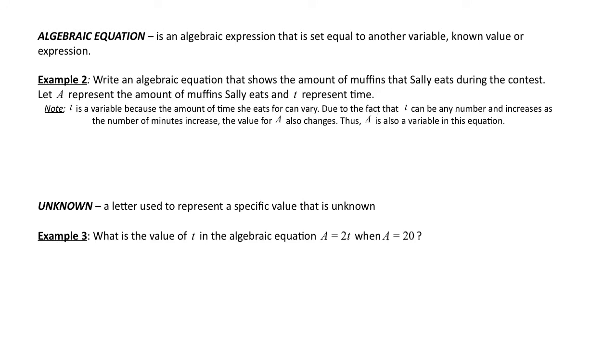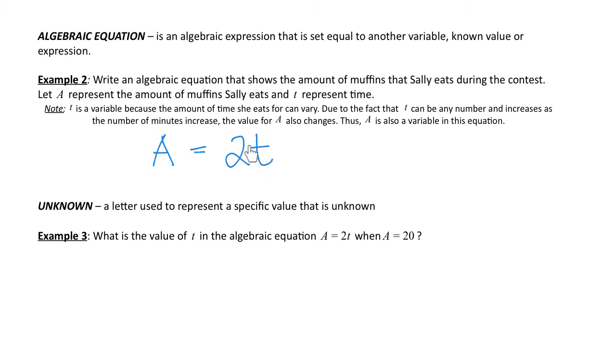So if we were to put all of that together, our equation would look like this. A equals 2t. So if we had to translate this or explain this, we would say that the amount of muffins that Sally can eat is equal to 2 muffins per minute, or 2 muffins every minute.